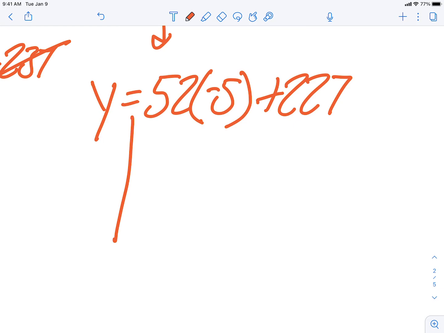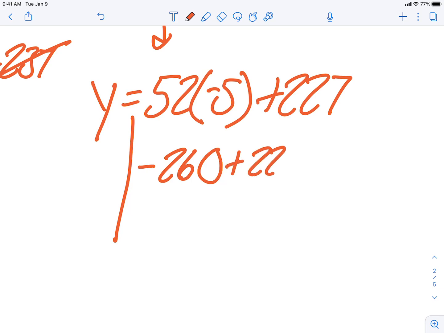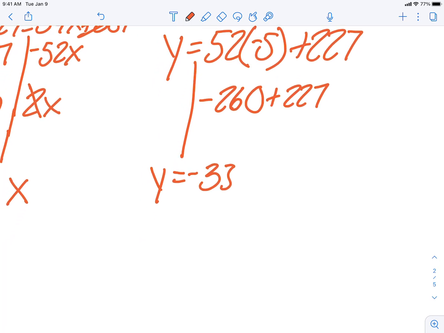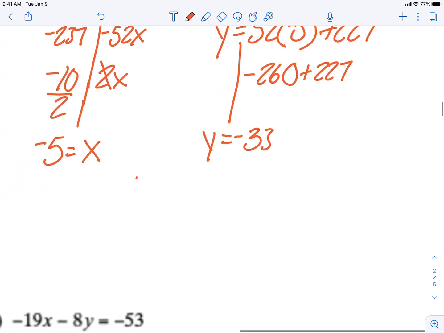Let's see, 260. Negative 260. Okay, plus 227. And those two are not the same sign, so I got to subtract. So I get negative 33, because 260 is bigger, and 260 is a negative. So my ordered pair is x, which is negative 5, y, which is negative 33.